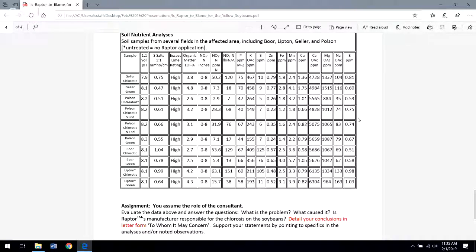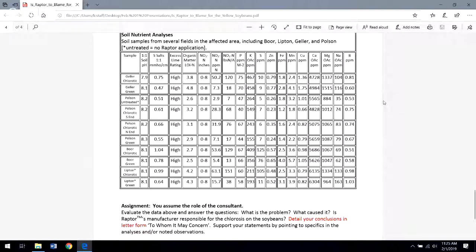And what happens is the plant takes up the iron, but it stores it in the apoplasm, cell walls. And so it's not available to the plant for metabolism. And so it looks like there's plenty of iron and plenty of manganese, but it's not being utilized in the plant.